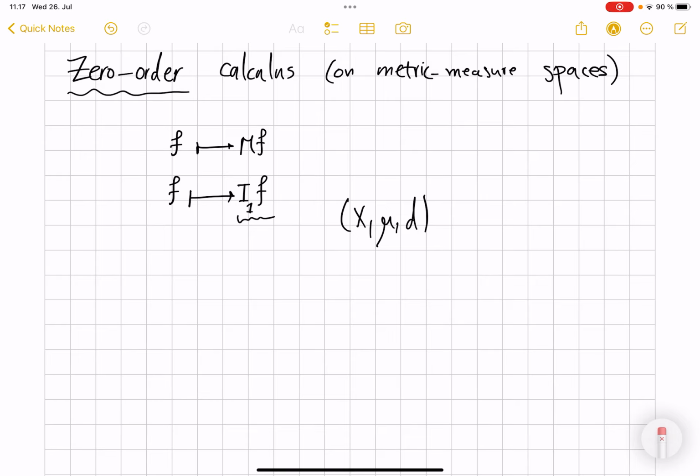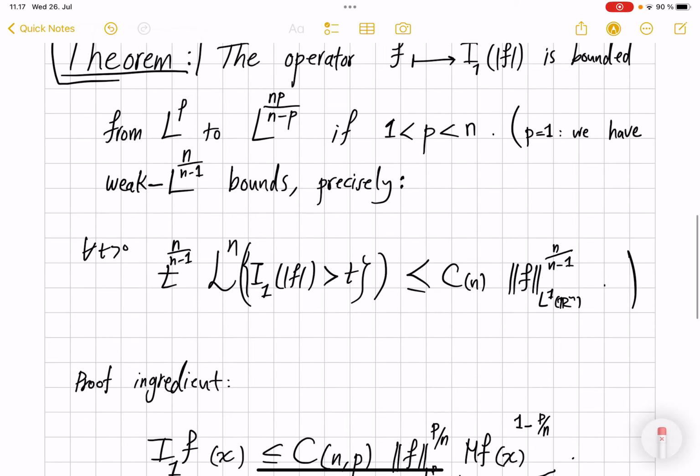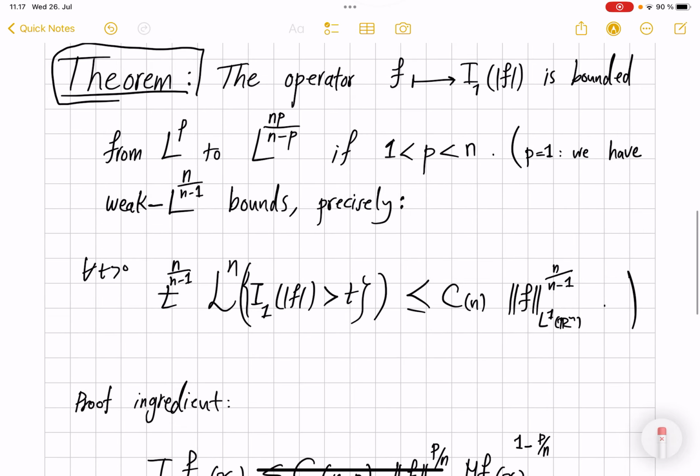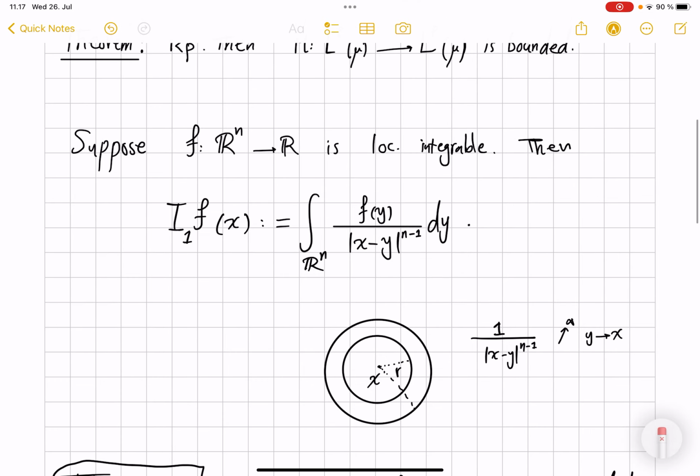Well, it's often very tricky to extend some notion from Euclidean space to a general metric measure space because, for example, take the radius of a ball. Is r the radius of the ball, or is it the measure of the ball to the power 1 over n?